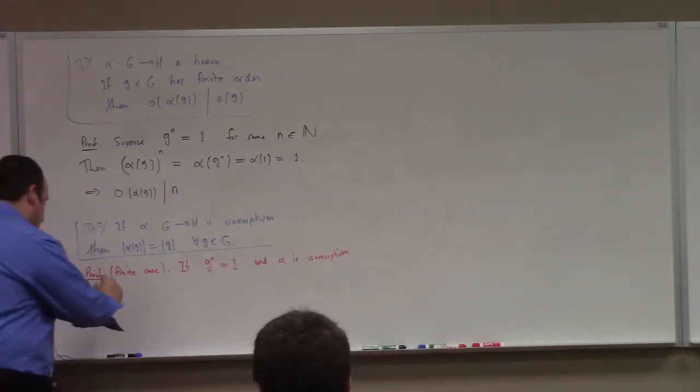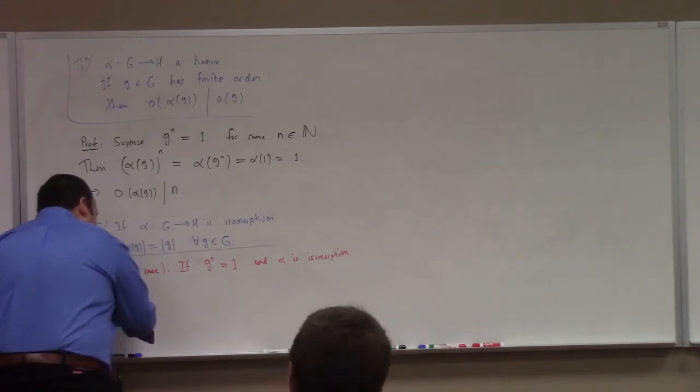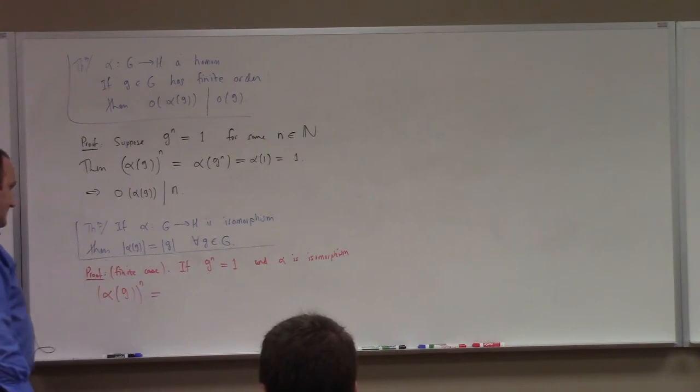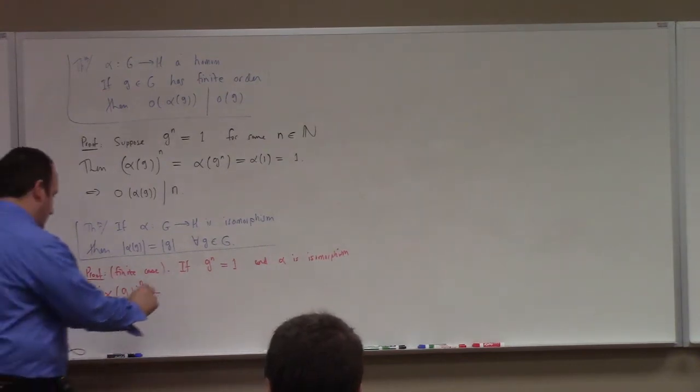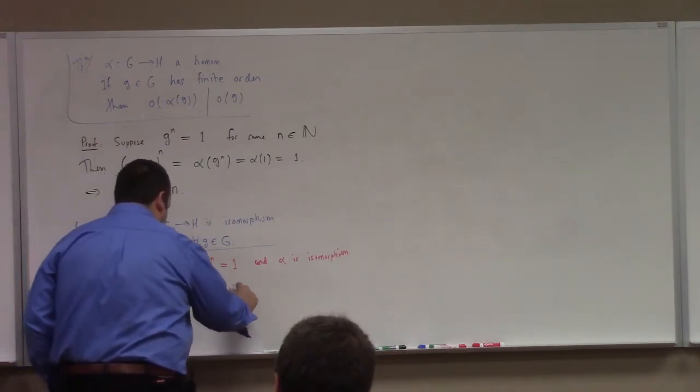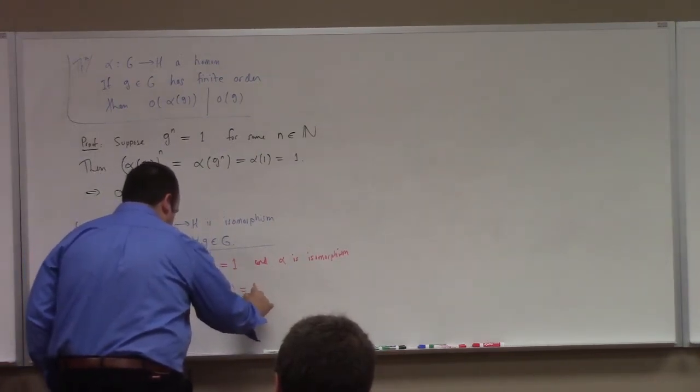We have alpha of g to the n is what? Alpha of g to the n, which means that's alpha of 1, which is 1, because 1 maps to 1 under a homomorphism, right?